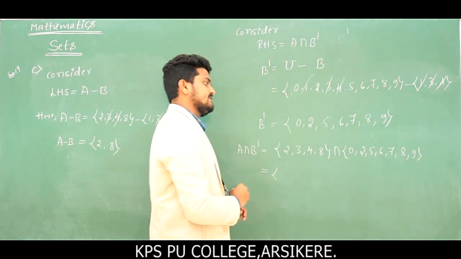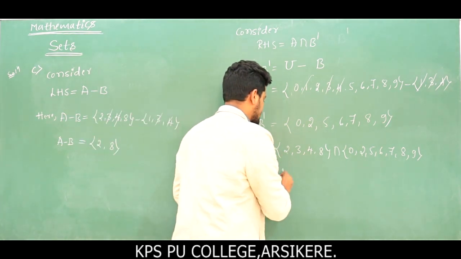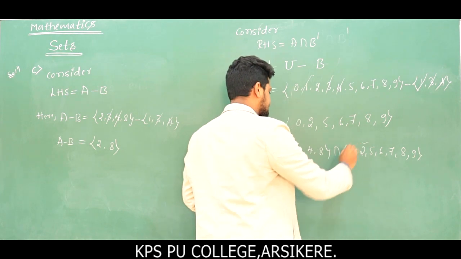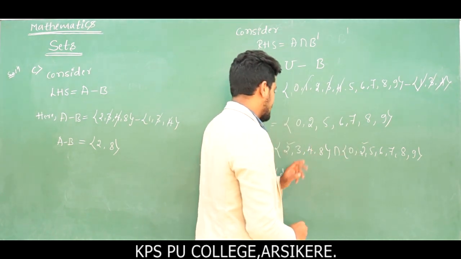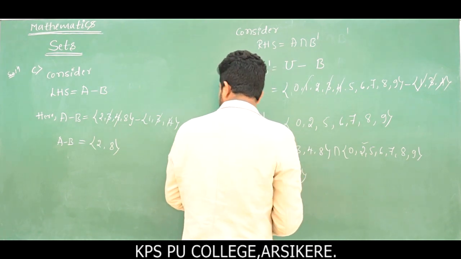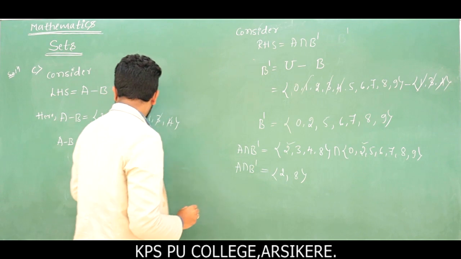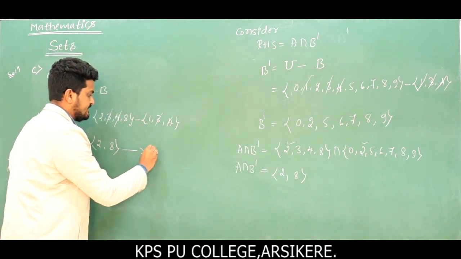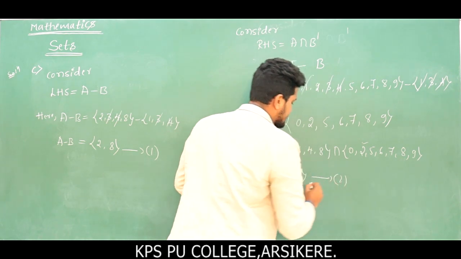So intersection is nothing but the common elements between these two sets. So 2 is common, right? Next 3 is not there, 4 is not there, next 8. So {2, 8}. This is the value of A intersection B'. So LHS, call it equation number 1. RHS, equation number 2.